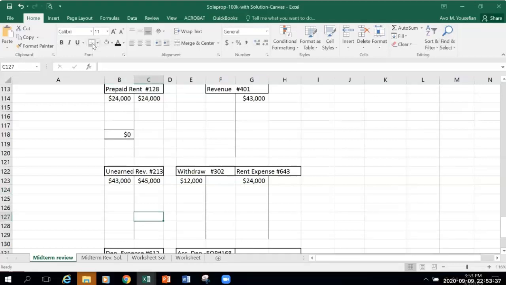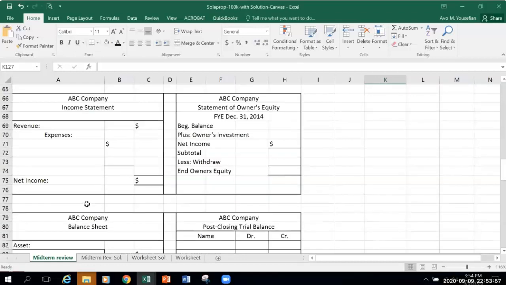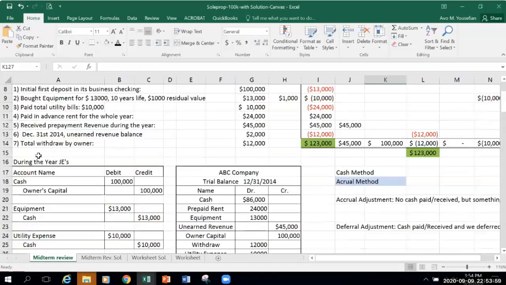And I click that double line box, and then I say equals to that box 45 minus the big number minus the smaller number, and enter. There you go. That's the $2,000 balance on unearned revenue, and that's technically exactly what my management told me. Remember that? Here, line 6, it says unearned revenue balance should be 2,000. Congratulations. Life is so interesting, right?